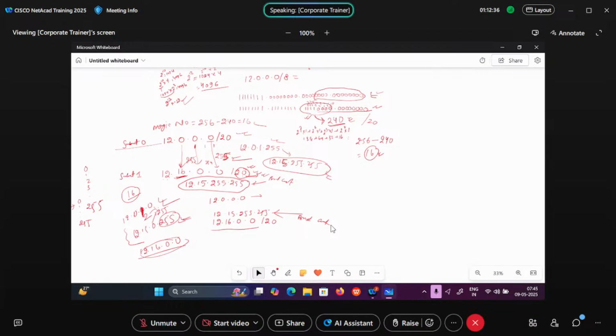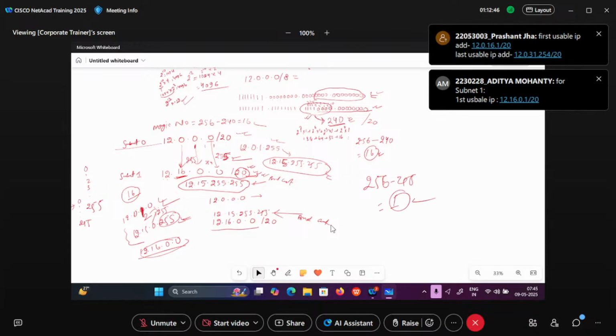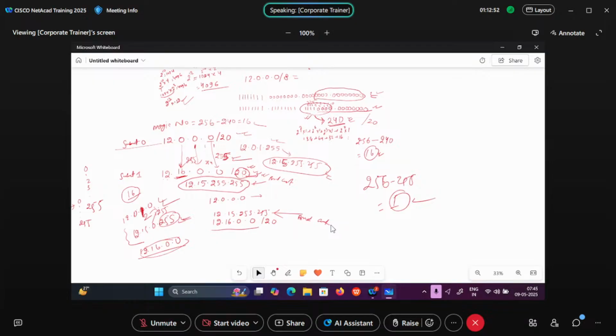One only. So 256 minus 255 gives 1. And if we add 1 in each and every subnet, will you get 4000 hosts per subnet?